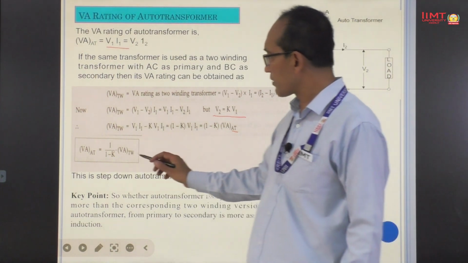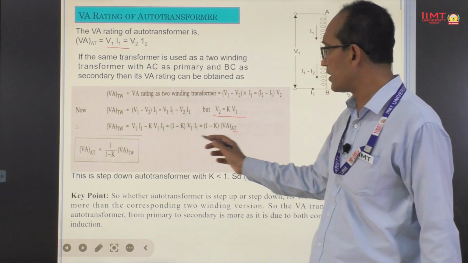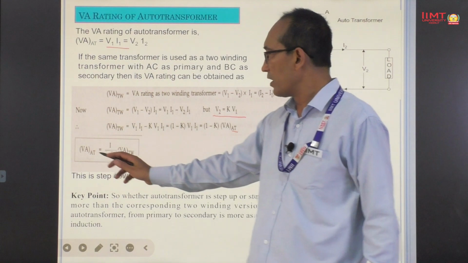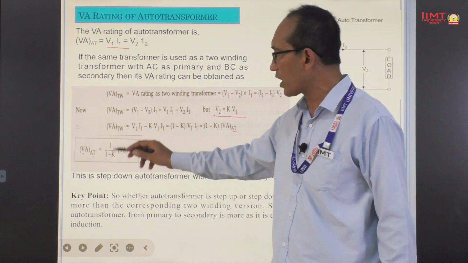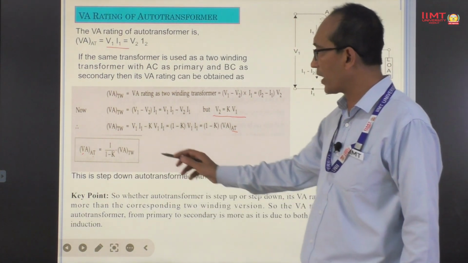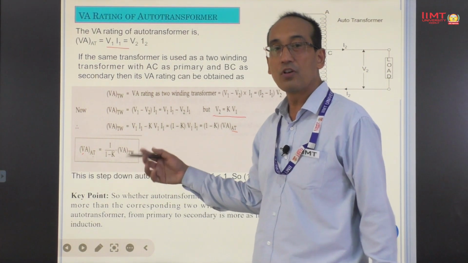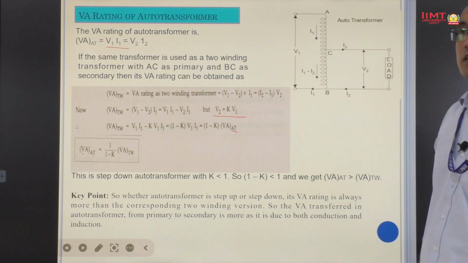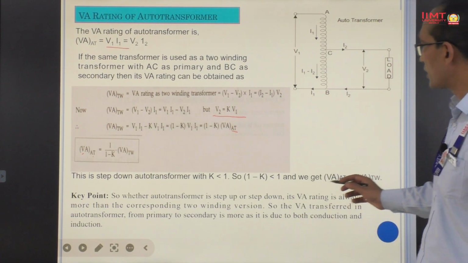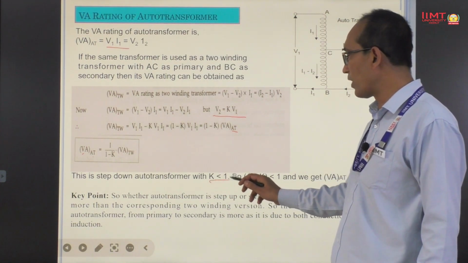So from this derivation we can easily see that the volt ampere rating of an auto transformer is equal to 1 upon (1 minus K) multiplied by the volt ampere rating of the two winding transformer. This is the case of a step down transformer, so K is less than 1.